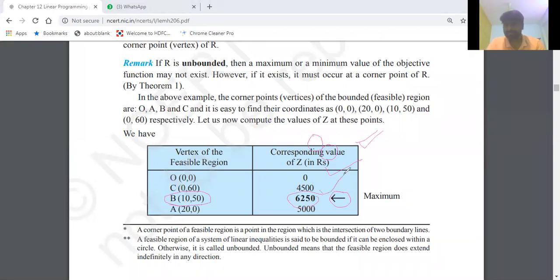Okay, try to understand this problem. 6,250 is the maximum profit he'll get, more than in any other case. In this case only you can get the maximum profit. In which case? By purchasing 10 tables and 50 chairs. That's it. So finally, what conclusion should we write? That the furniture dealer has to purchase 10 tables and 50 chairs to get the maximum profit.